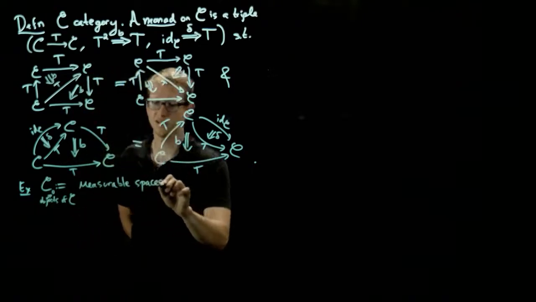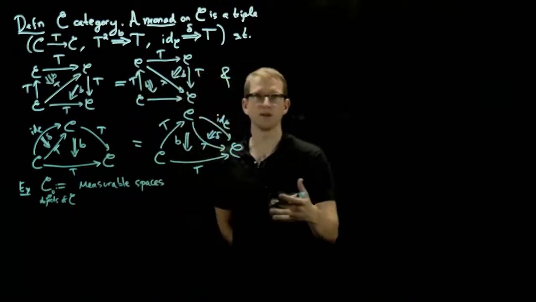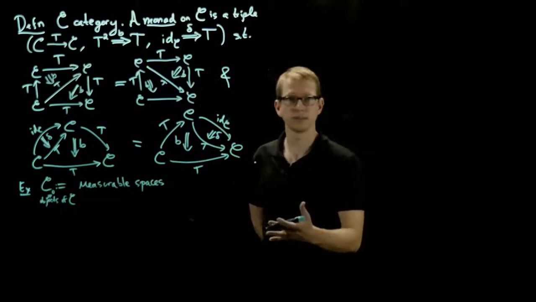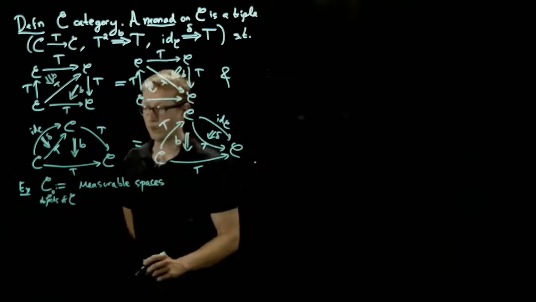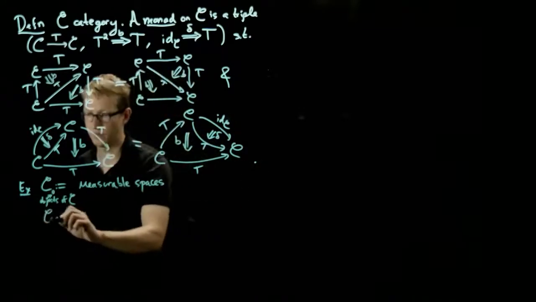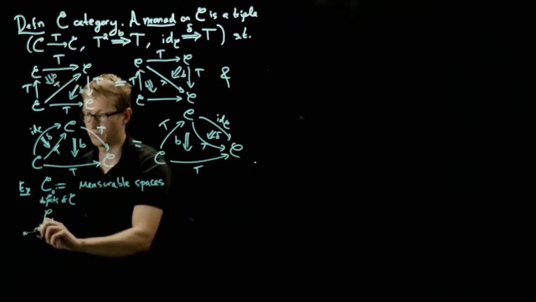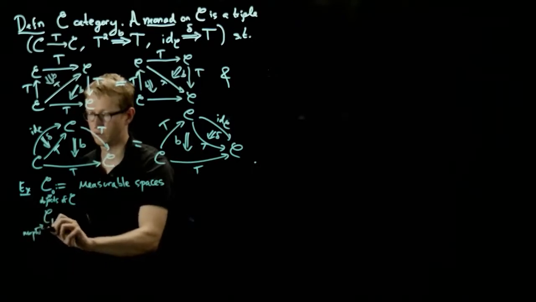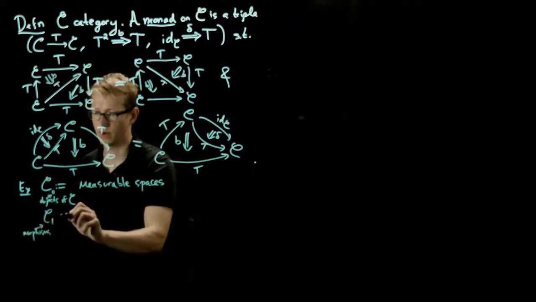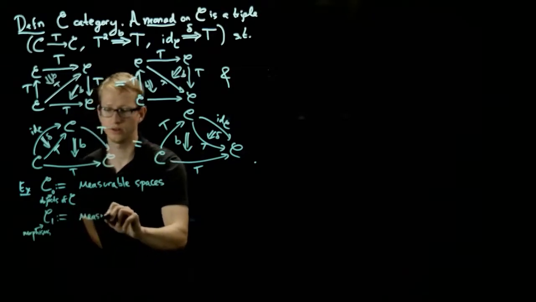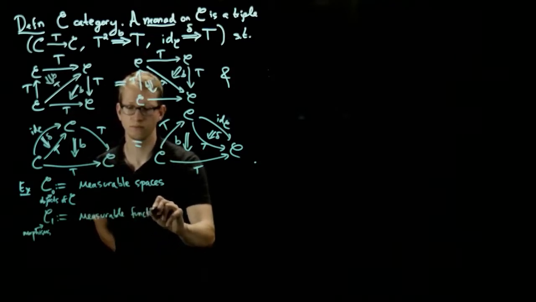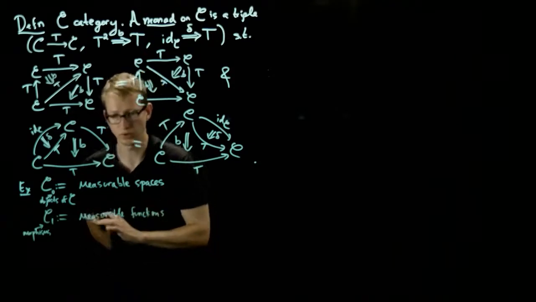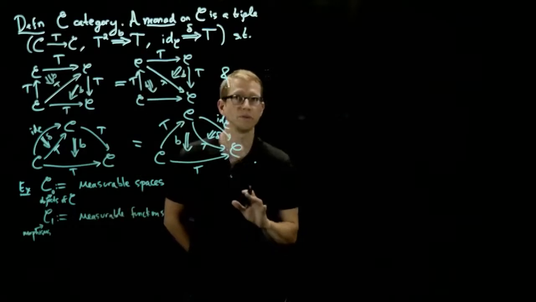So these are sets equipped with sigma algebras and not necessarily measures. So just measurable spaces. And the morphisms of this category are going to be measurable functions. So these are just measurable spaces with measurable functions.